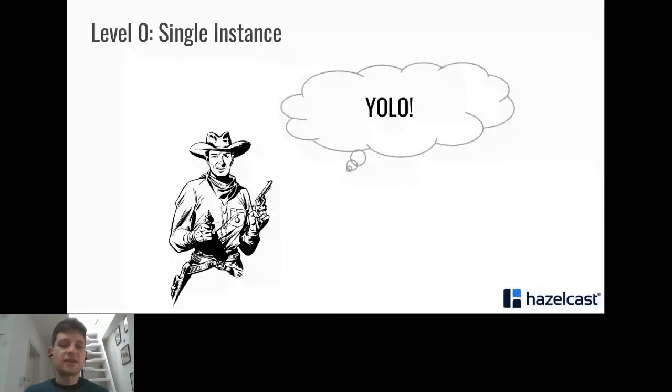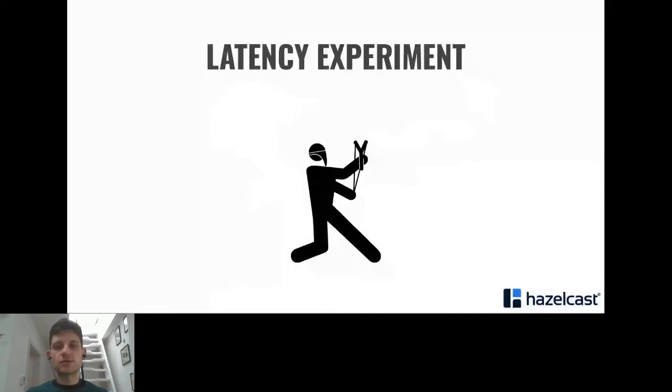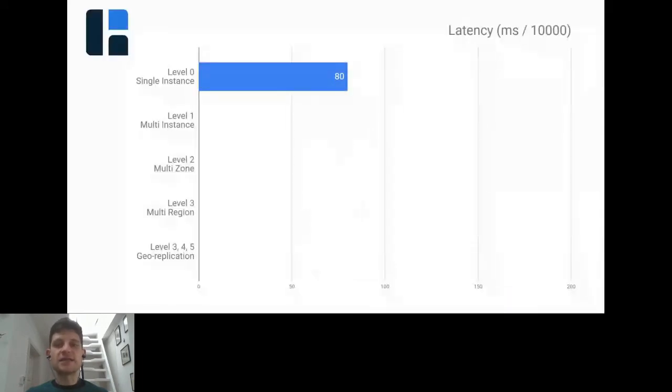And running things on a single instance have some benefits. So I did a latency experiment. I ran Hazelcast and a service on my local machine, on my laptop, and measured the latency. So the result was like this. For 10,000 entries, I got 80 milliseconds for read-write of just a simple value.